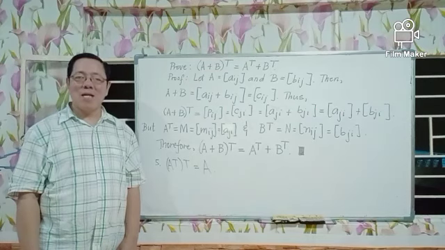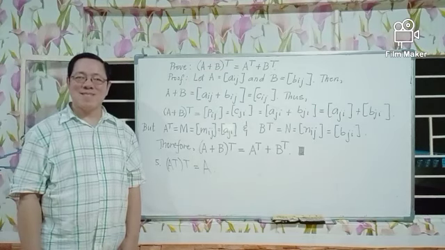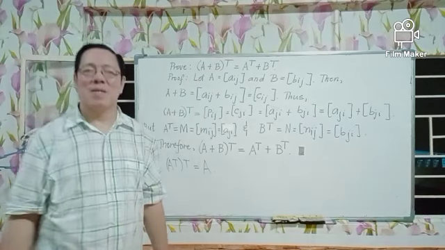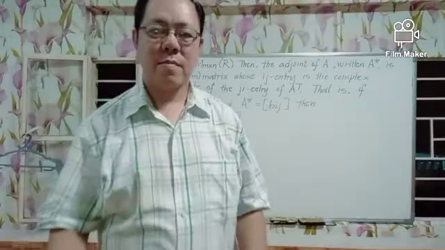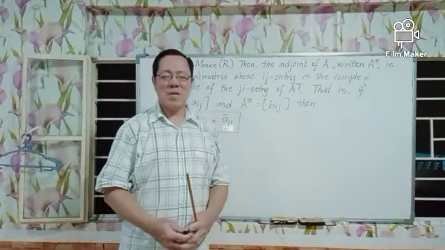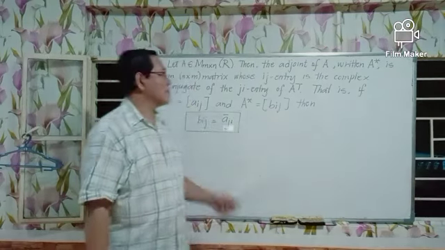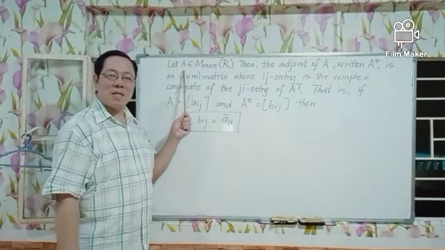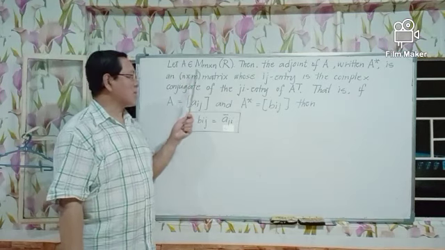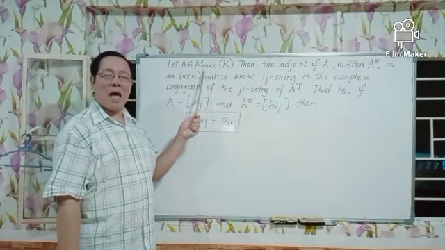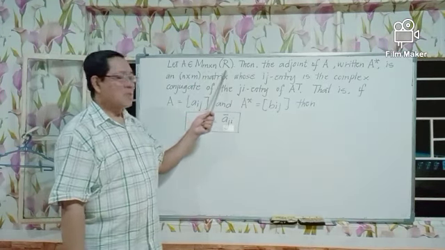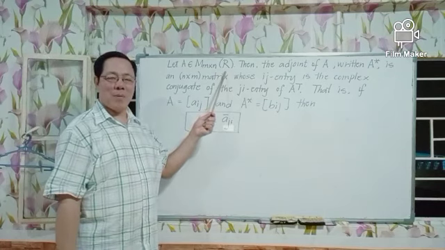We now define the adjoint of a matrix. We let matrix A be any matrix, an element of the set of matrices with sizes m by n and whose entries are real numbers.